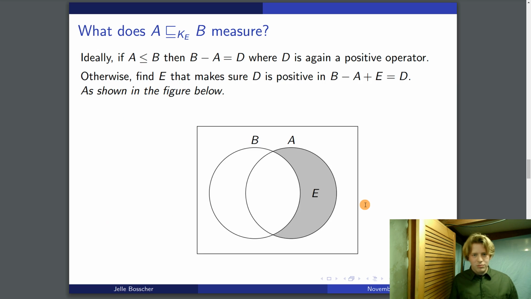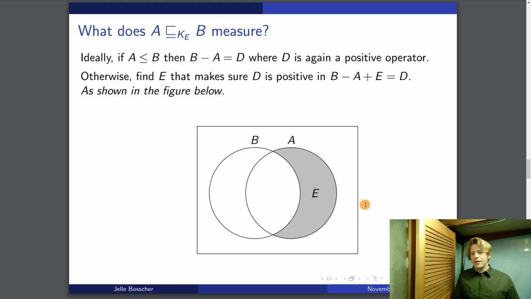And what does it exactly measure? Well, if in the Löwner ordering positive operator A is smaller or equal to positive operator B, then B minus A is again a positive operator. In this case we say that A is related to B in terms of KE with a value of 1.